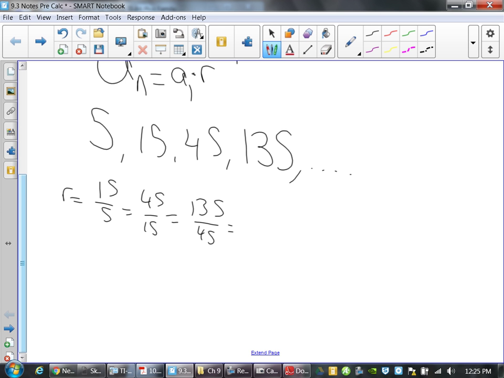What's the rate? 3. What's your first term? 5. So the rule, your nth term, would be first term 5 times the rate of 3 to the n minus 1. And there's your rule.